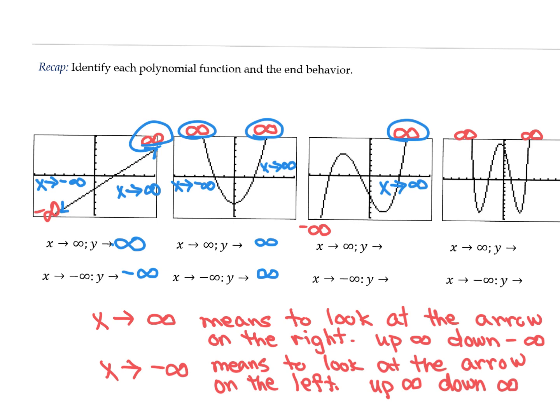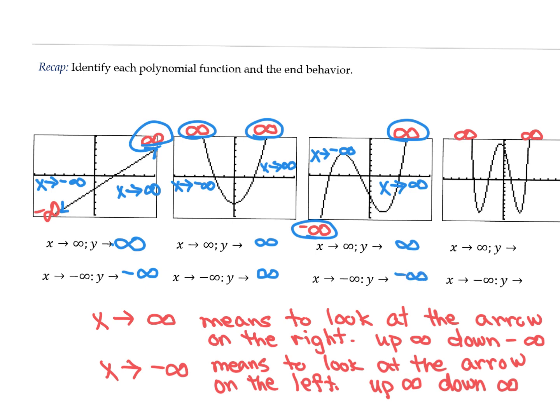All right, x approaches infinity is talking about this side of the graph. The arrow says it is going up, which means y is approaching infinity. The left side of the graph represents x is approaching negative infinity, and the arrow is going down, which means it is approaching negative infinity.